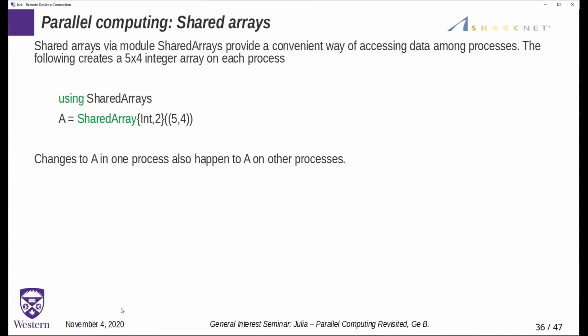So in this case, I create a 5x4 shared array, and then A becomes available to all the participating processes.